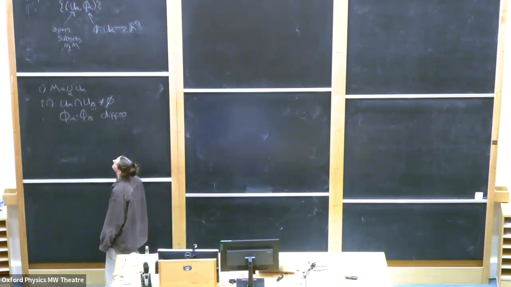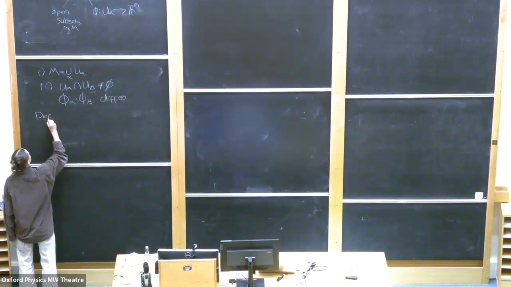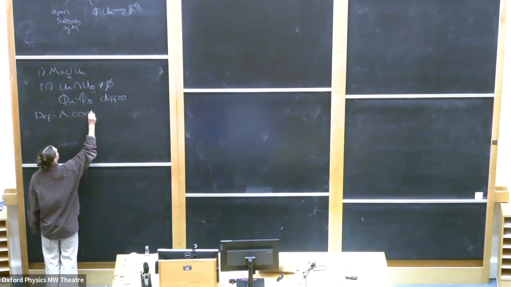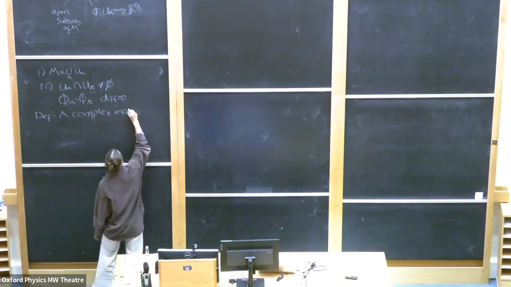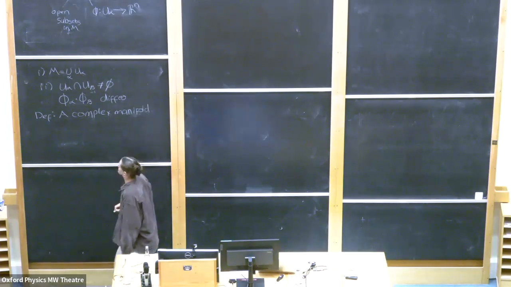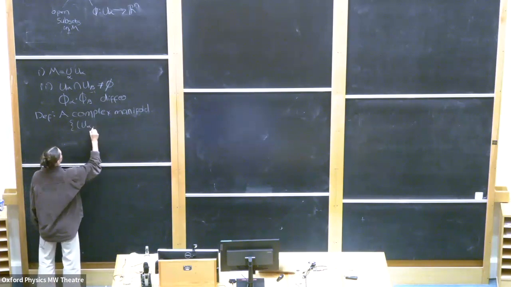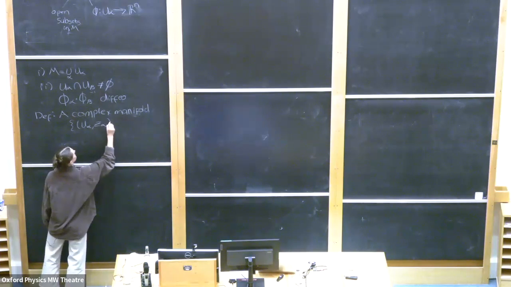And then similarly, we have a complex manifold. It is again given by an atlas. It's U alpha, and this time I'm going to call the maps Z alpha.